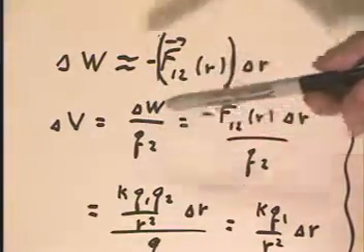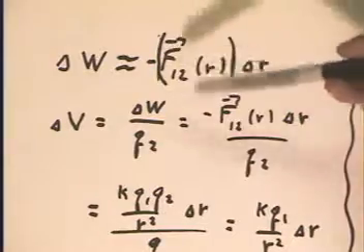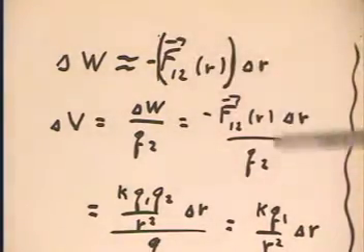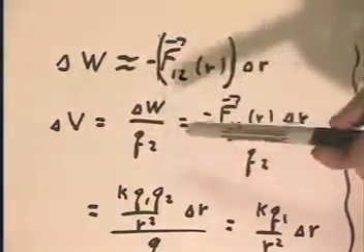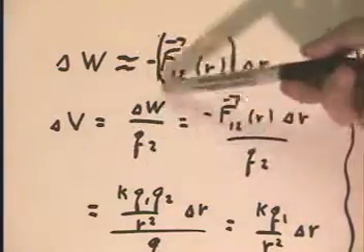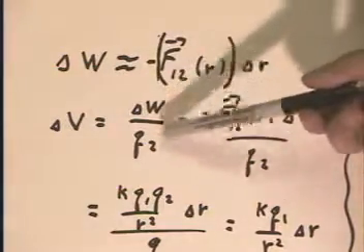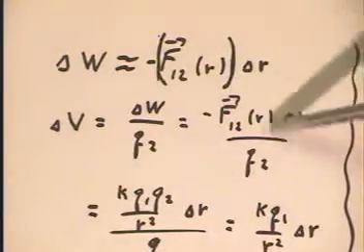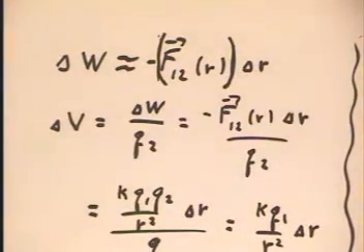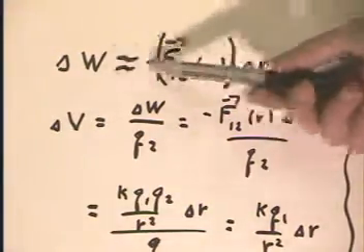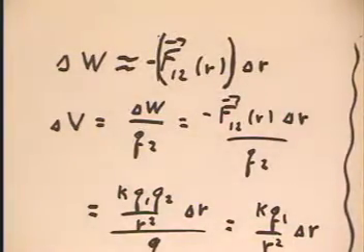Okay, so the q2 experiences this force. It's q2 that's experiencing this force, so that the delta v that we get will be the work per unit charge, delta w over q2, which is just f12 of r delta r over q2. Of course, this being delta w, this being q2.